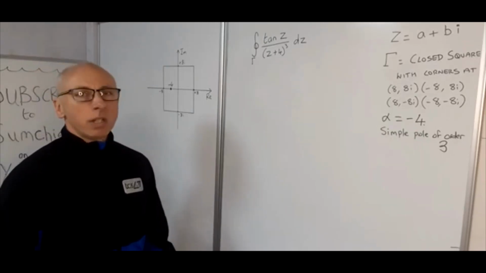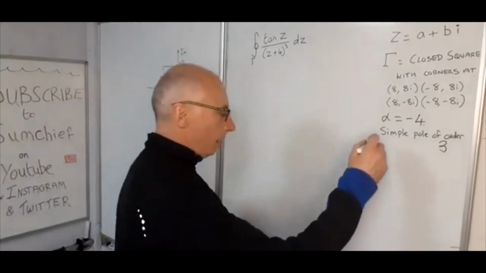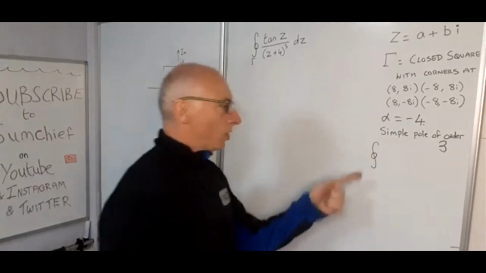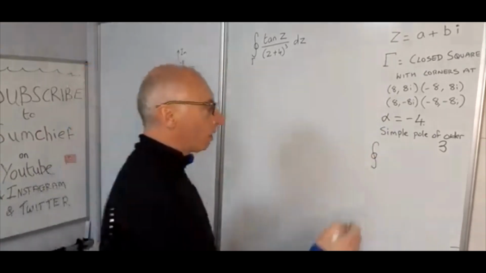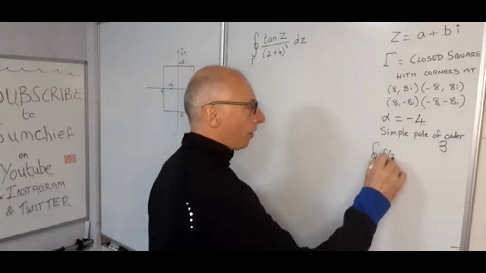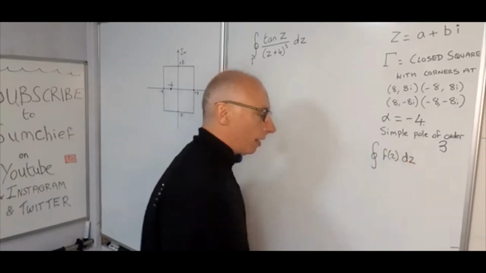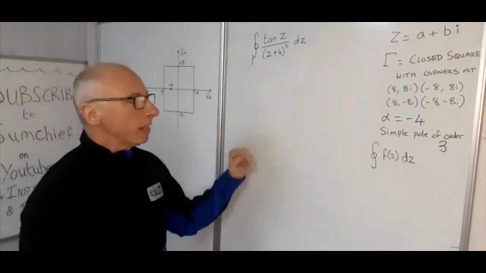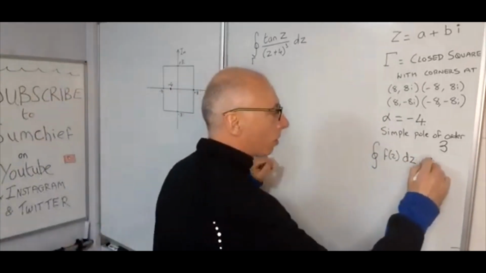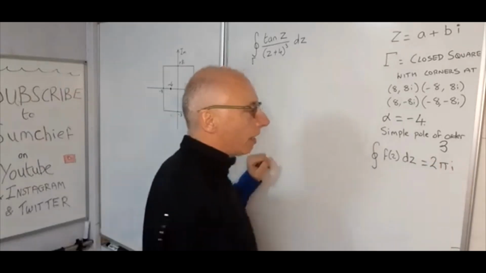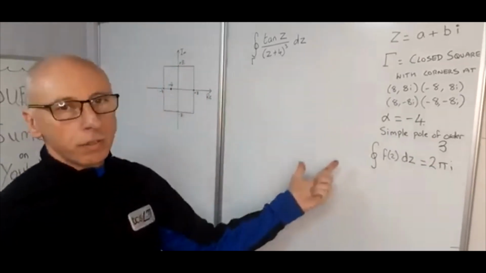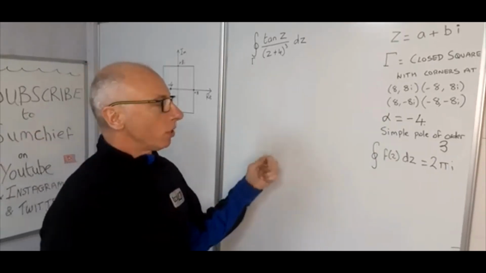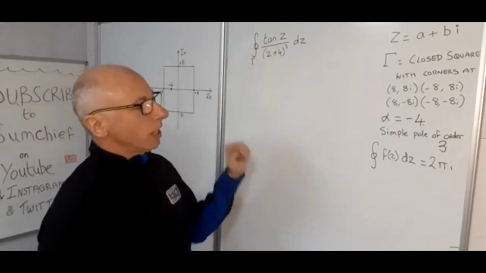So Cauchy's integral formula is like this. What we say is our integral, I'll put the circle there so you know it's a complex integral, of a function f of z dz, with all these things that I just discussed in place, equals 2 pi i times, and here we use a letter for a variable, which is the residues or sum of residues of this function in the integrand.